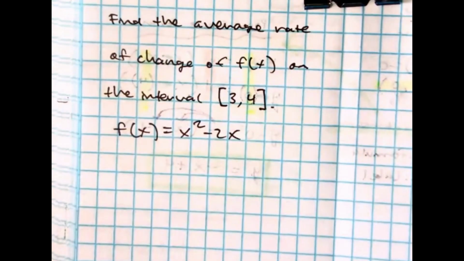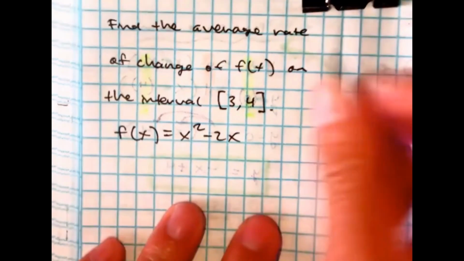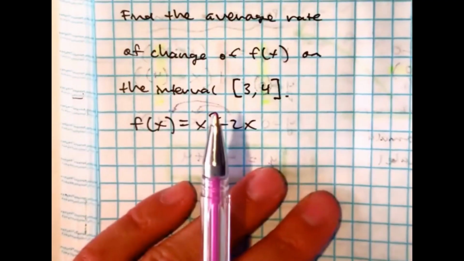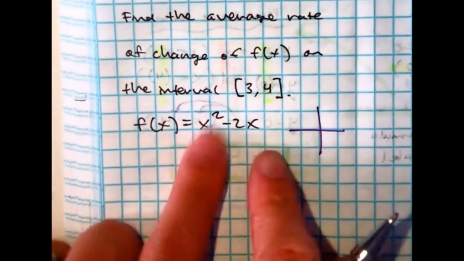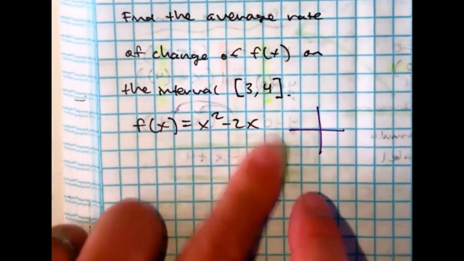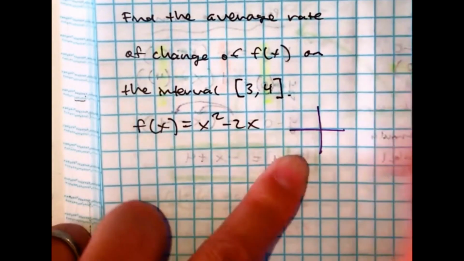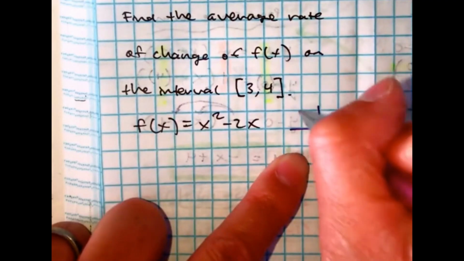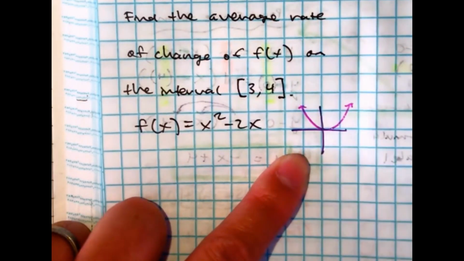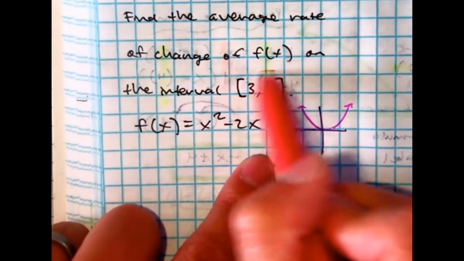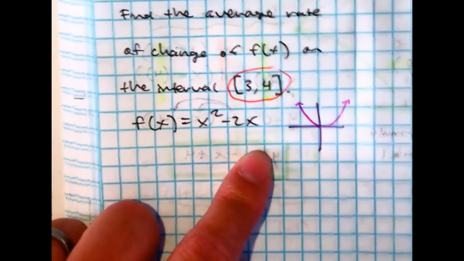If you made a sketch of the graph, I just make a really quick sketch. I know that this is quadratic. It's opening up. I know that its y-intercept is 0. So it might look something like this. And really what's happening is we're looking at on the x-axis between 3 and 4.